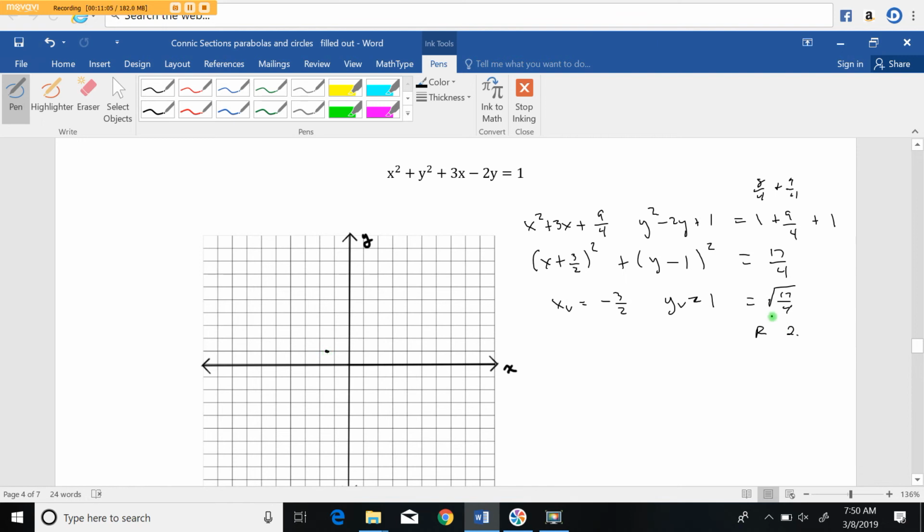Now, square root of 17/4, all right, is, I checked this value here, 4.25, so it's going to be just slightly bigger than 2, so I'll just do this here, 1, 2, a little bit more, in each direction. That's good enough for this example. Sketch it. Okay, and I think we'll just call that good.